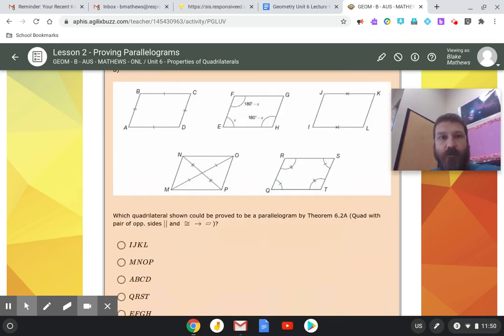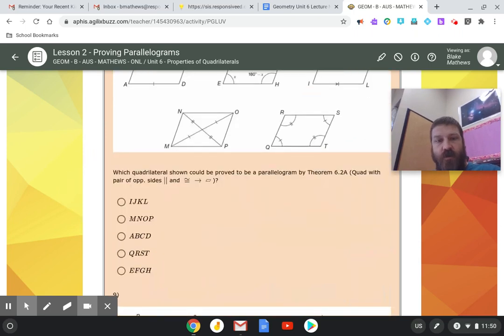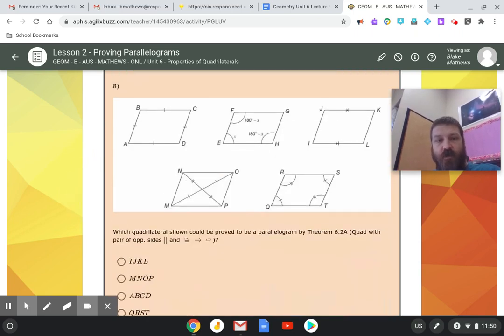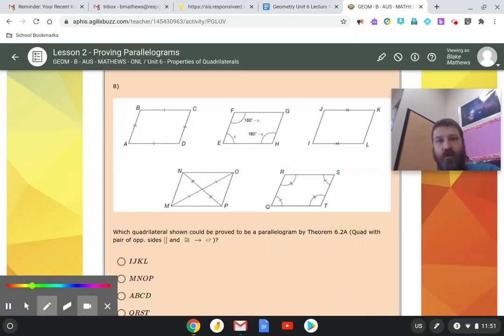Starting in number 8, they're looking at the different pictures, and you have to decide which one goes with it. For instance, which quadrilateral shown could be proved to be a parallelogram by 6.2a? So what's 6.2a? 6.2a says if one pair of opposite sides is parallel and congruent. So I looked in my diagram. This one is diagonals. That's not it.